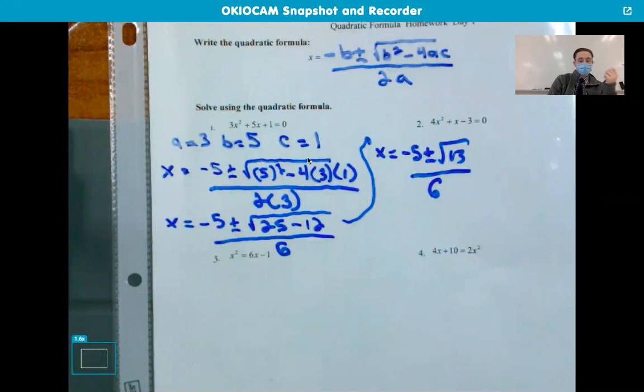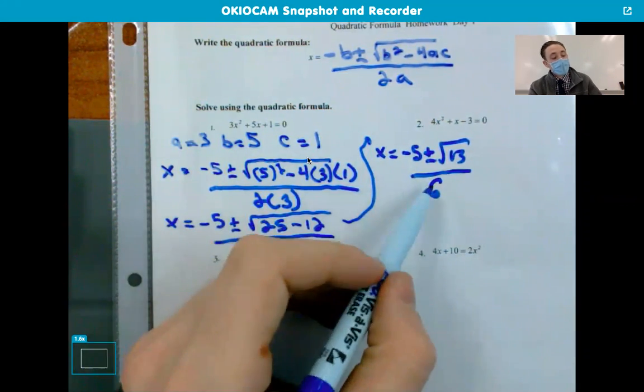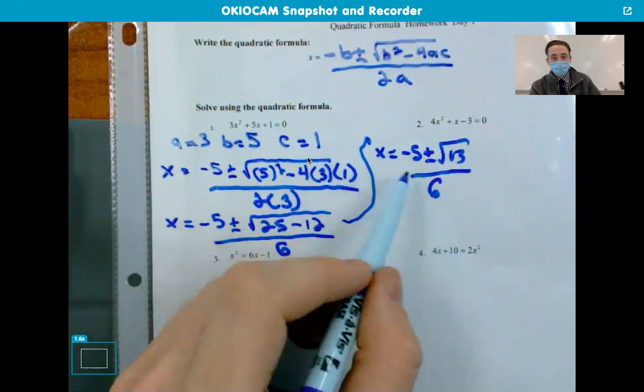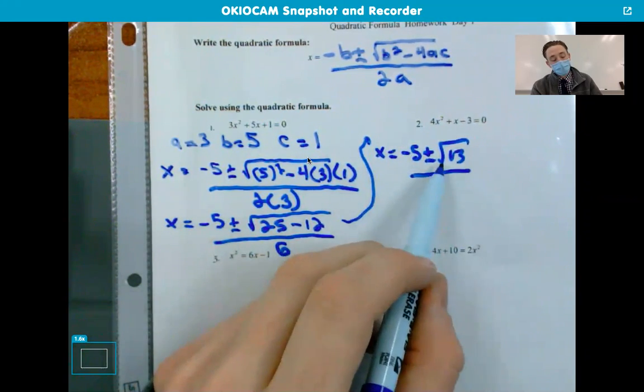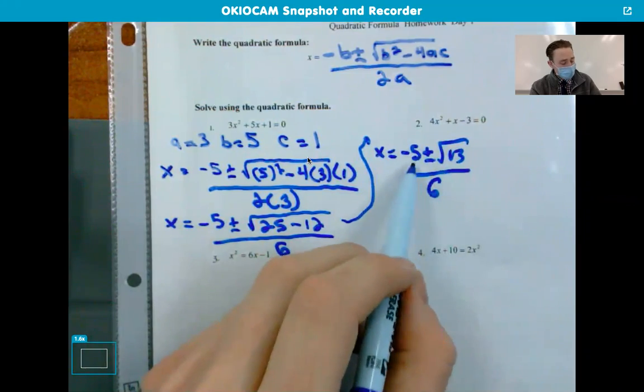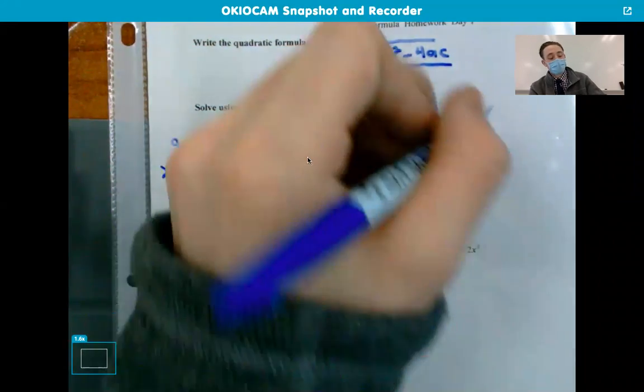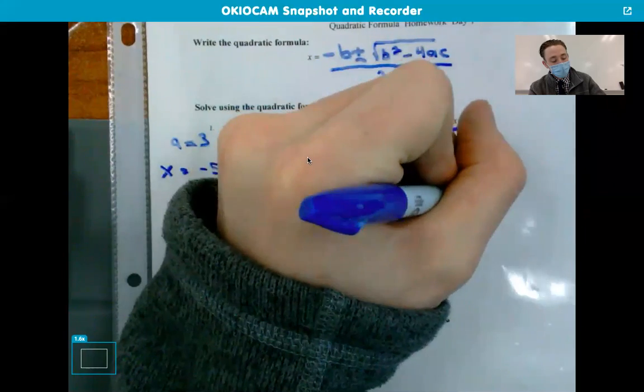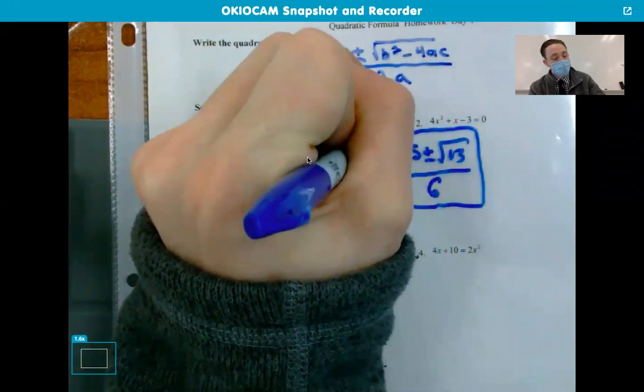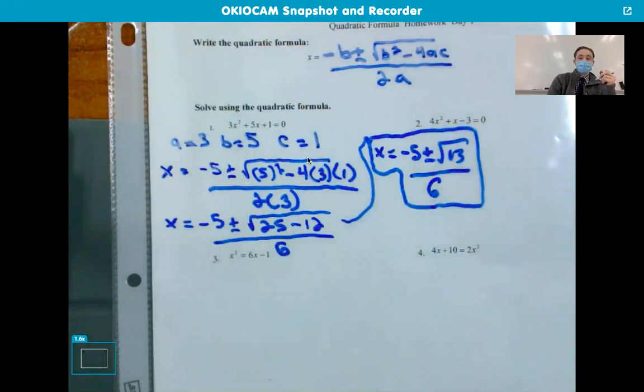No. Good. 13 is actually a prime number, right? So it doesn't have any factors. I can't break that down any further. And that denominator of 6 doesn't really simplify with anything. There's no number outside of my square root. It doesn't simplify with negative 5 at all. So I can just leave my answer as negative 5 plus or minus square root of 13 over 6.